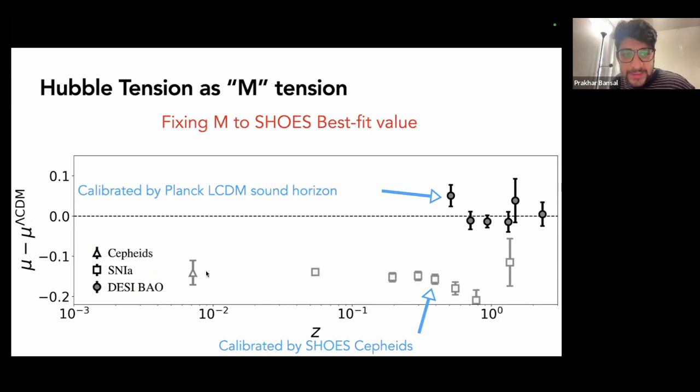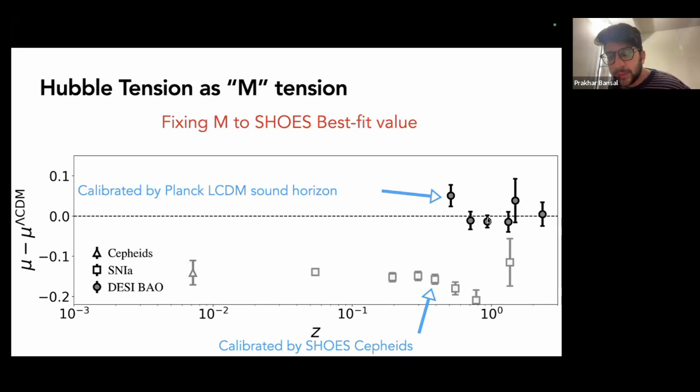So the triangle is the calibrator itself from the Cepheids, and these squares are the supernova data points. You can see an immediate problem when we assume that the absolute magnitude M is the same for all these points: at the same redshifts, these points do not agree.